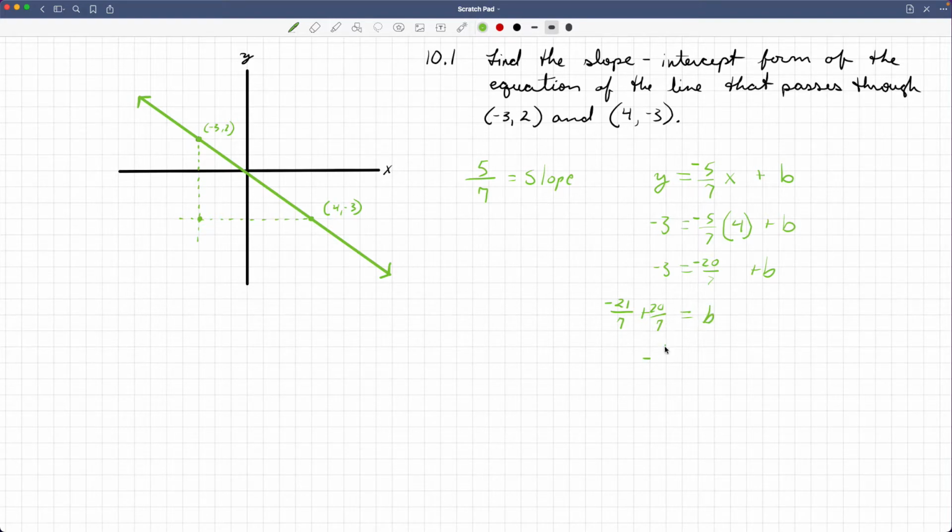So my value is -1 over 7 is equal to b. That is my y-intercept. So I can rewrite this now as y is equal to -5 over 7 times x minus 1 over 7. That is my equation of the line in slope-intercept form.